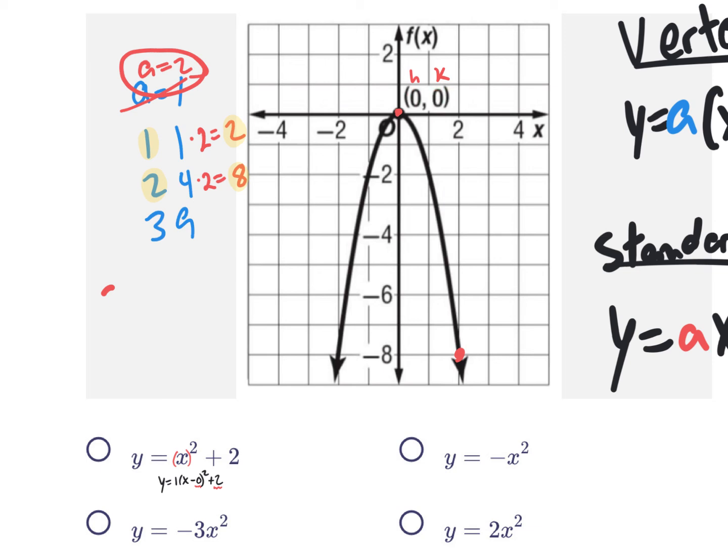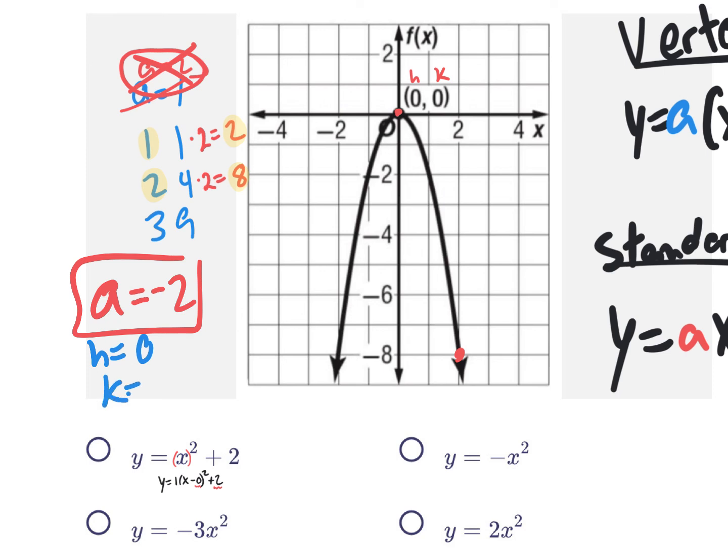Now, the important thing about this is that it's opening down. So if it's opening down, we know that the a value has to be negative. So the a value is not just 2, it's actually negative 2. And the h is 0 and the k is 0.